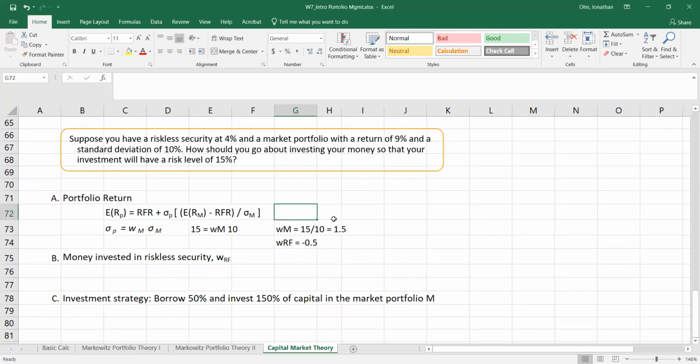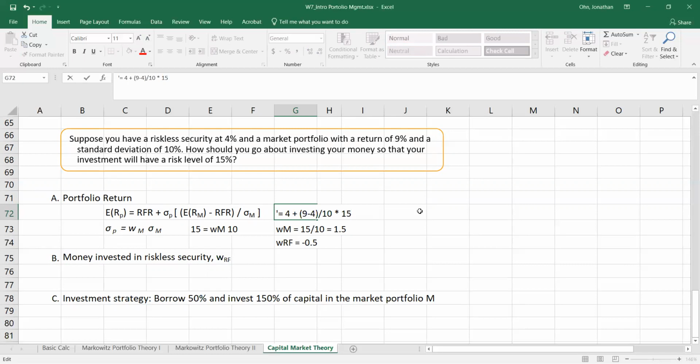And your return will be, if you look at the capital market line, 4% plus 9 minus 4 divided by 10 times your standard deviation of 15.